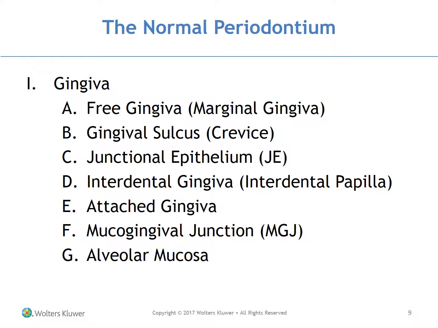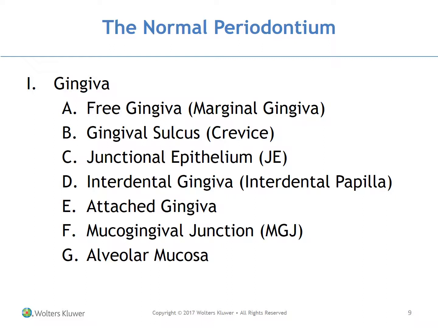The tip and lateral borders are continuous with the free gingiva, whereas other parts are attached gingiva. An interproximal area is also called an embrasure. So remember, we have many different embrasure spaces, right?